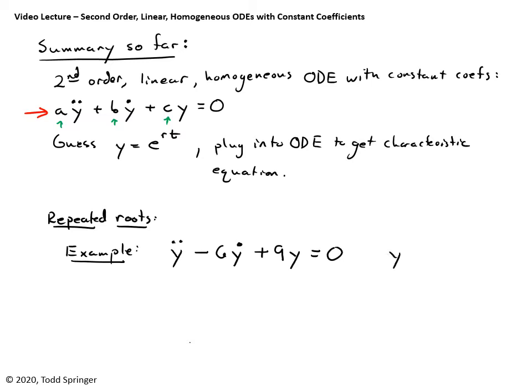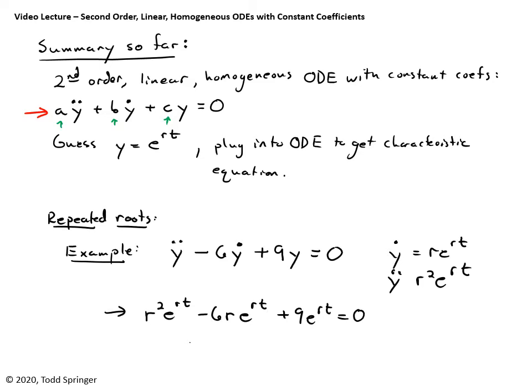As usual, y dot is going to be r e to the rt, and y double dot is going to be r squared e to the rt. And if I substitute that in, I'm going to get r squared e to the rt minus 6r e to the rt plus 9 e to the rt equals 0. And of course all the e to the rt's cancel out.